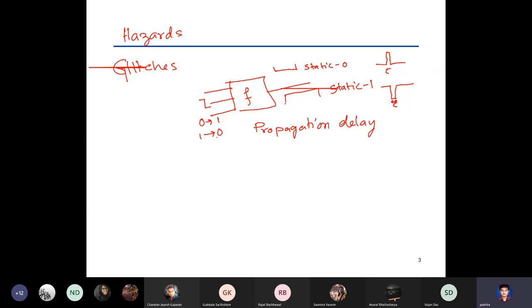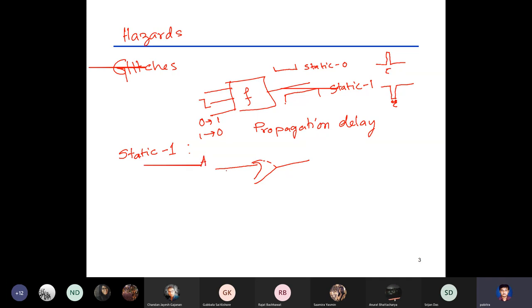So the static 1 hazard. I'm just reviewing so that you can remember what was done. A static 1 hazard typically happens in a situation like this. Say you have an OR gate, and I'm drawing an effective circuit.